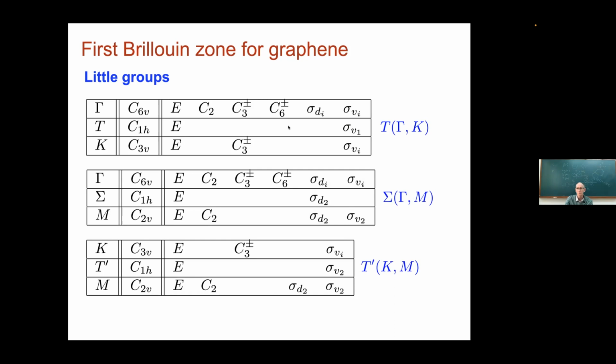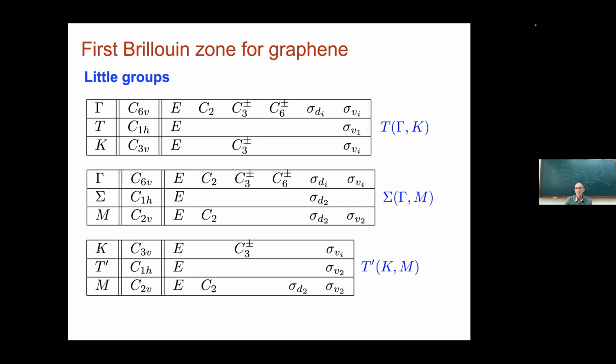So T connects gamma and K. That's usually the way this is represented. Sigma connects gamma and M, and T prime connects K and M. So I have put here the line in between, okay?